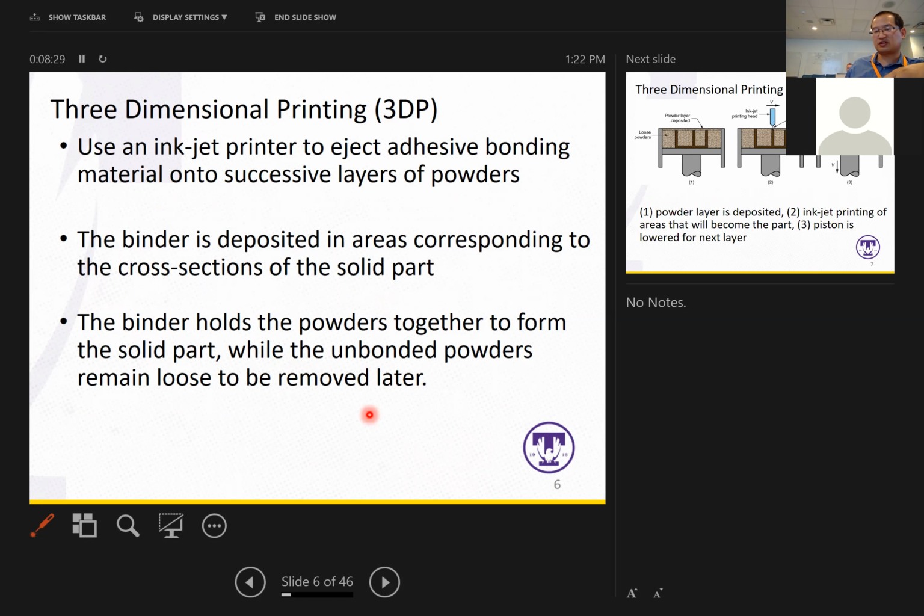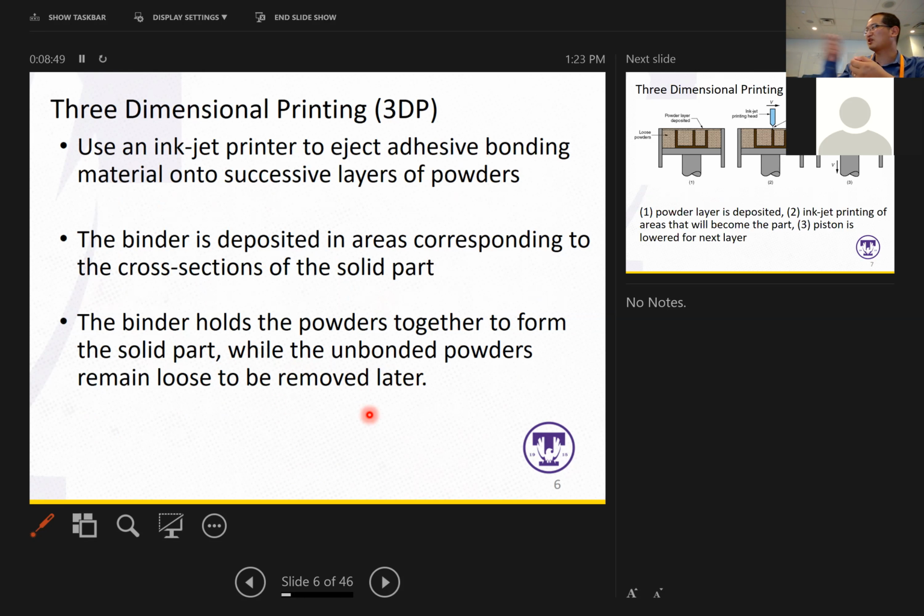So basically, you just dig out the part you printed using this machine from the rest of the unbonded powder, right? So that's the nature of this process. But that suggests a kind of not a problem, but a step you have to do.